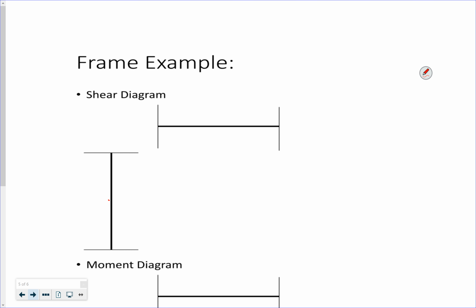Right. So it is 0 and then, if that's the middle, 0 and then negative 5.